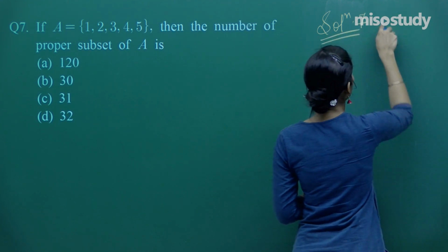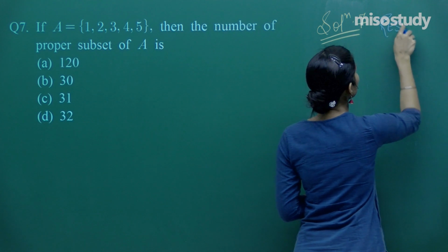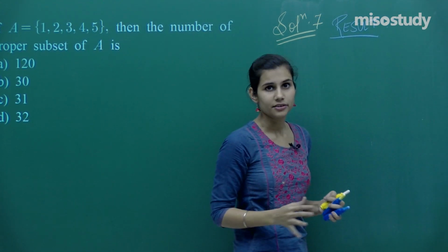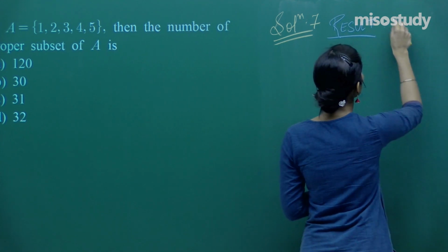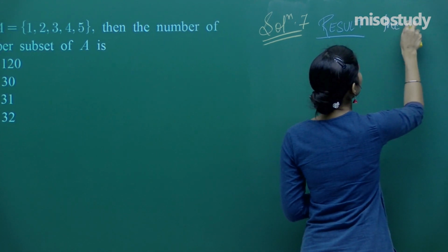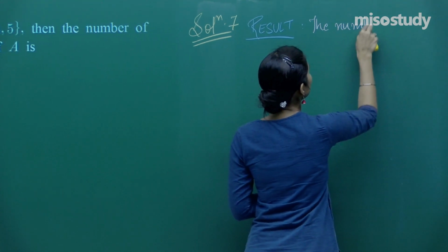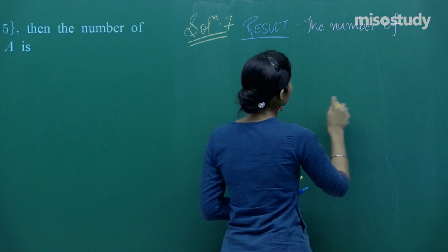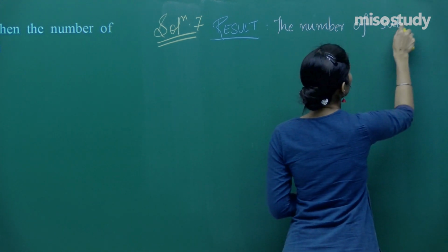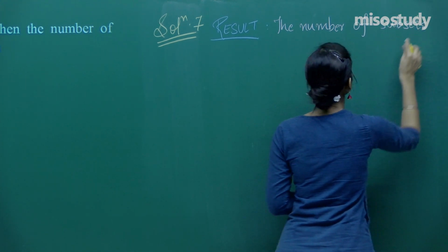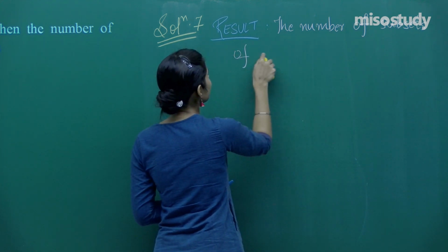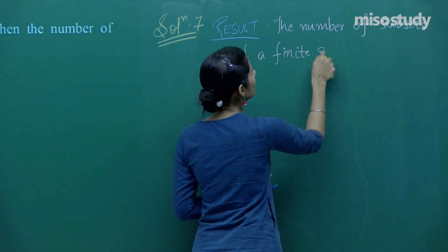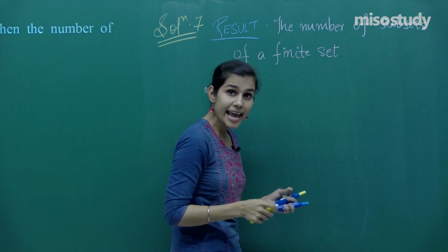The result that we had, which is directly used here, is the number of subsets of a finite set having n members.